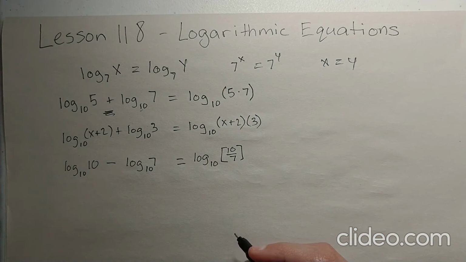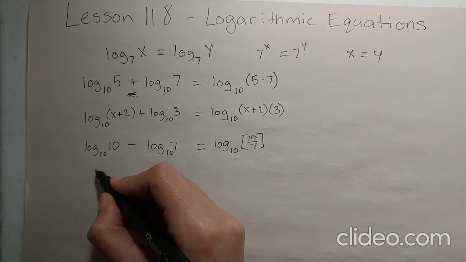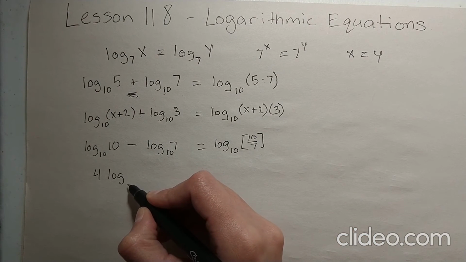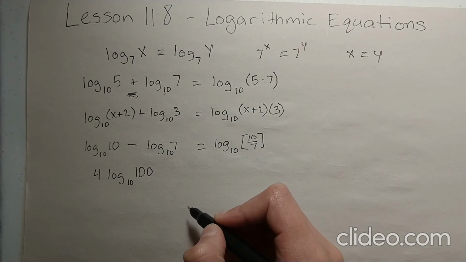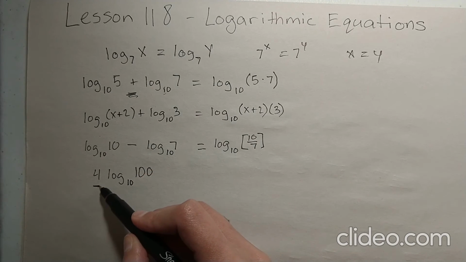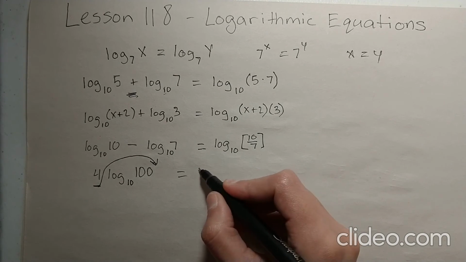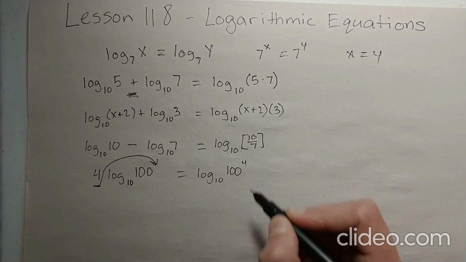All right, and what if we have a coefficient to our logarithmic equation? So this 4 is going to be the exponent to the argument. So another way to write it is going to be like this.